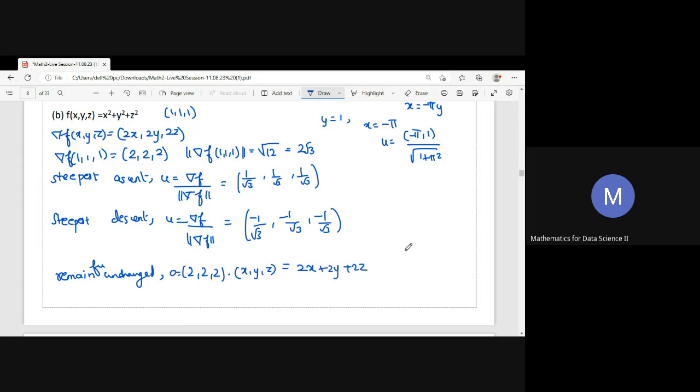It means your x plus y plus z is equal to 0. So here remember, please everyone listen carefully. In this case you are considering all the vectors (x, y, z) in R3 such that x plus y plus z equal to 0.